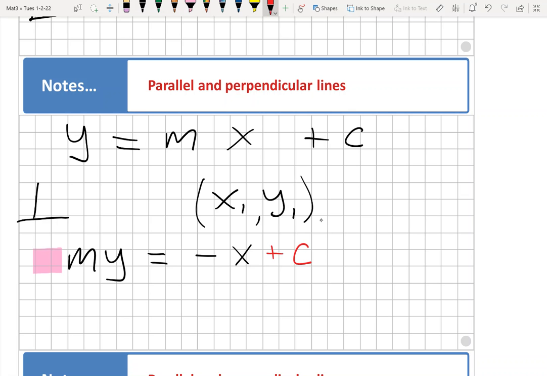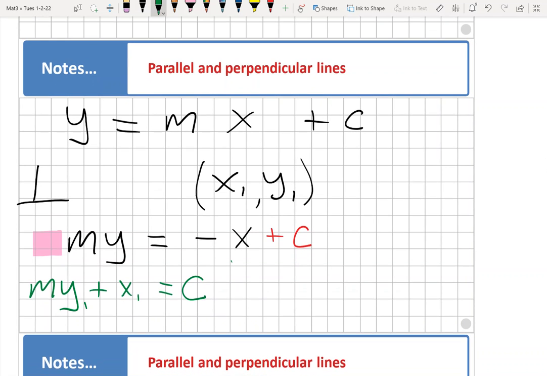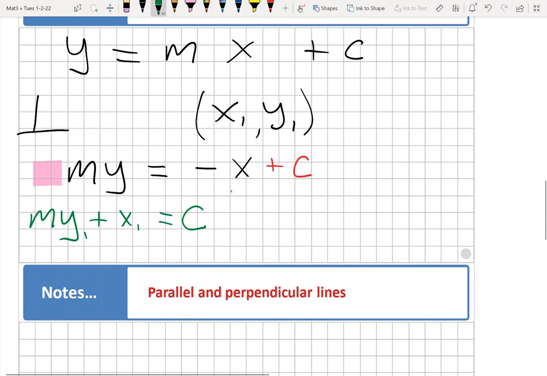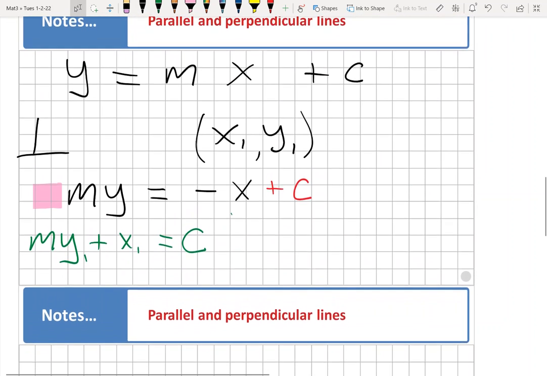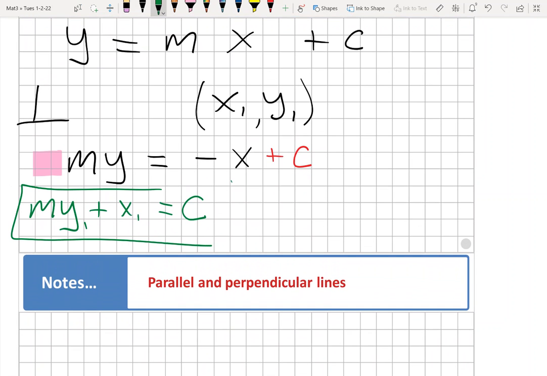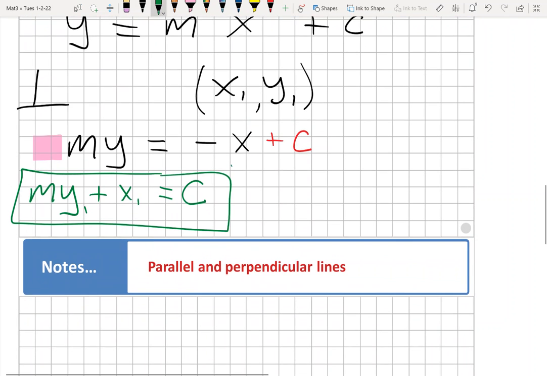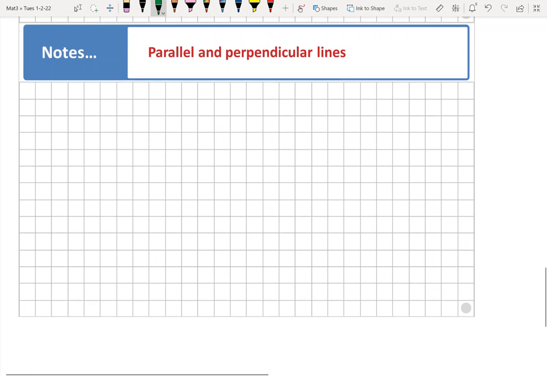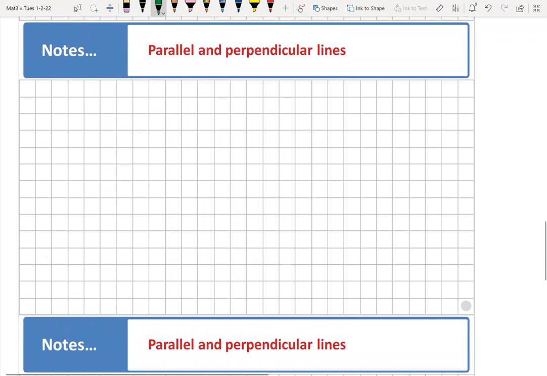Now we're going to get the constant by starting to sub. So we have, and this could be one you start learning off, but I don't think it's worth it, my1 plus x1 is equal to c. But of course that's my1 and x1, which are given. Okay. But I would not try to learn that off, because really it's nice to do the actual question. Okay. We're going to have plenty of examples as we go down the line.